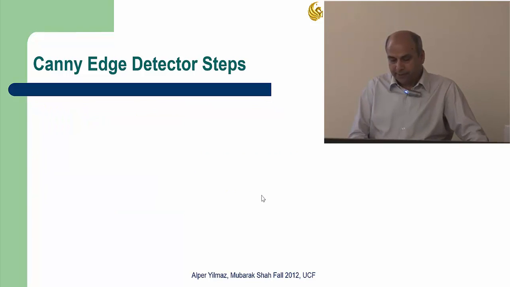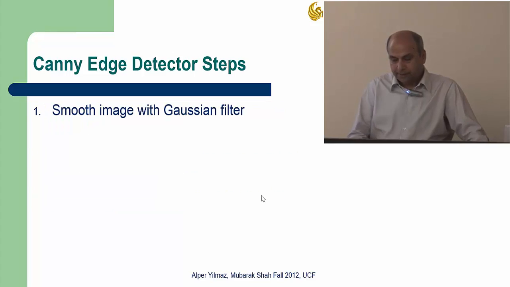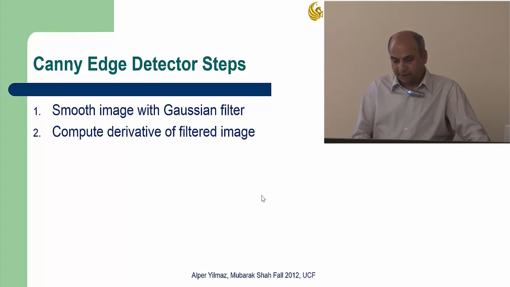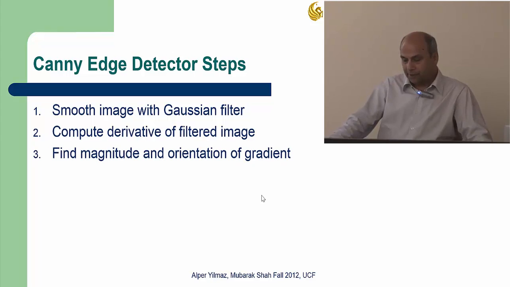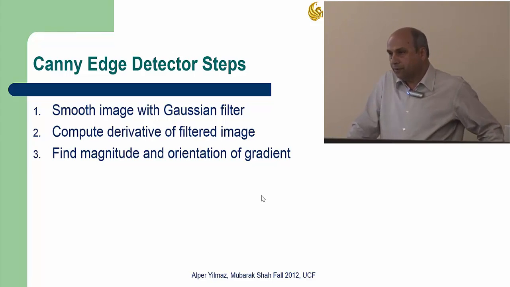So the steps in the Canny detector are: smooth the image with a Gaussian filter, very similar to the Laplacian of Gaussian; compute the derivative of the filtered image; find the magnitude and orientation of the gradient. Now this is one major difference: so far in edge detectors, Prewitt, Sobel, and Laplacian of Gaussian, we have not used direction information.